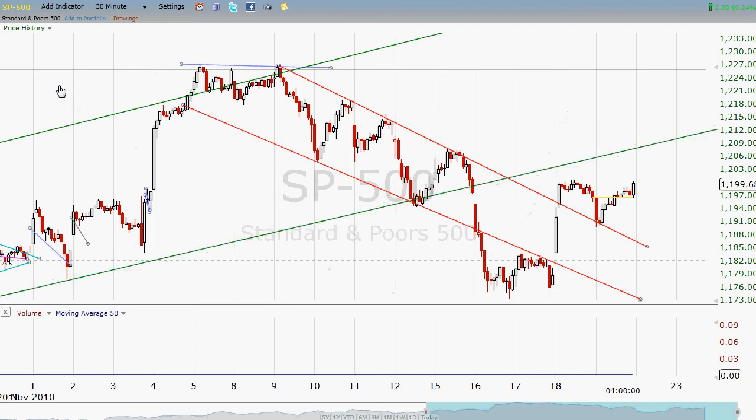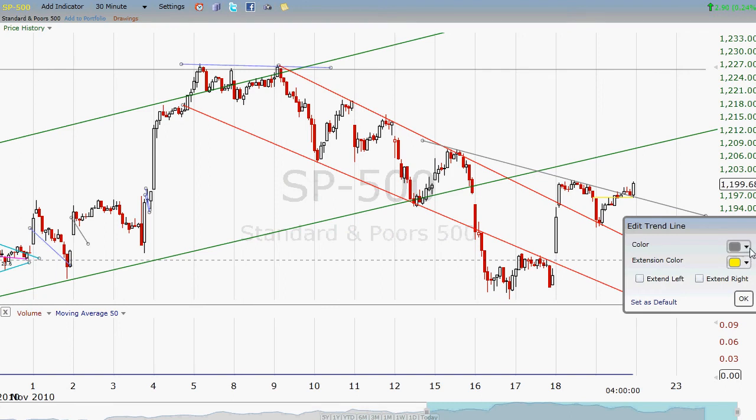There's an additional line that I'm going to draw here. Anytime I see a peak like this that happens outside of a channel, you can see that obviously we're above this top red line. But I thought to myself, well, let's take this peak and let's draw a line across that and see if that line shows us anything of technical importance.